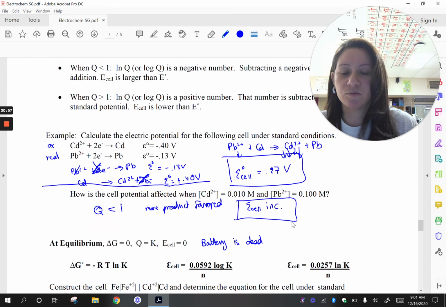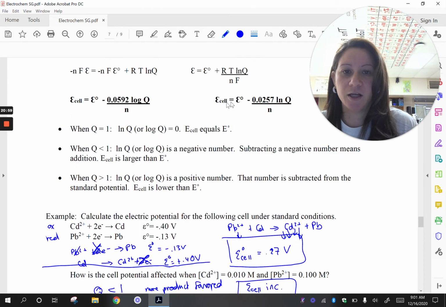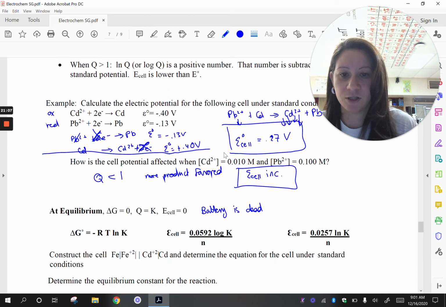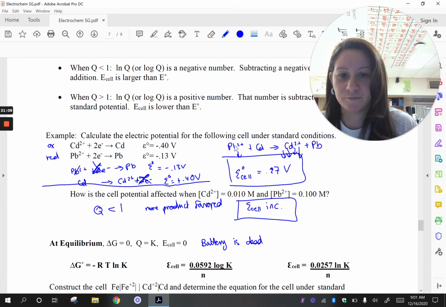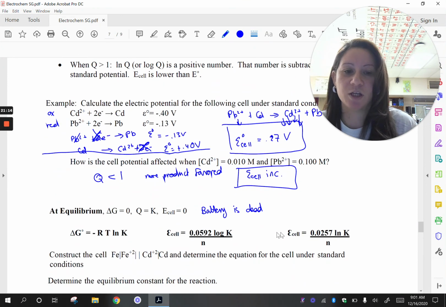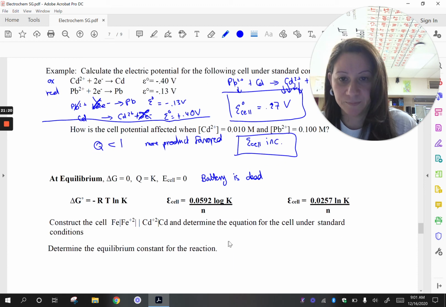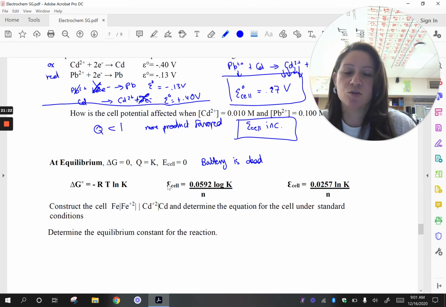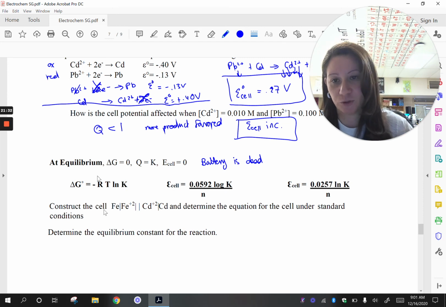We also plug in 0 for the E cell, and if we rearrange to solve for the cell potential, you get this equation right here, natural log and log base 10. We can use this to calculate the cell potential if we're given K, or to calculate K if we are given the cell potential.